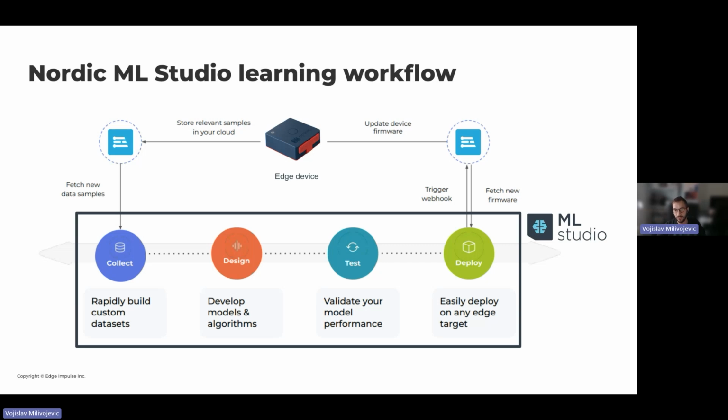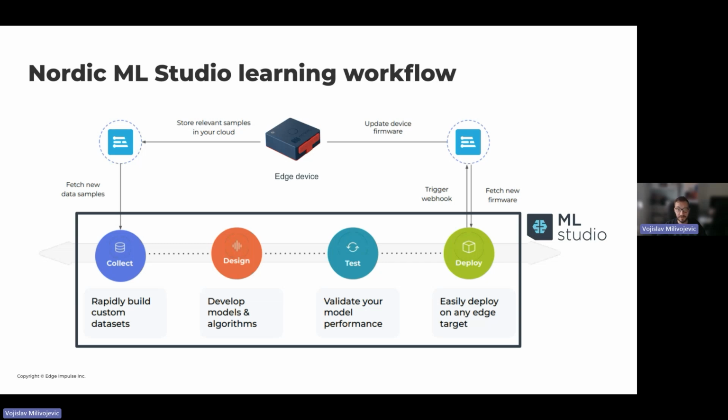I always like to show this Thingy:53 device. It's a Nordic device, kind of a dev kit that's meant as a very nice starter if you want to even deploy, because it includes batteries, sensors, management of power, and all that you need in essentially an edge device.